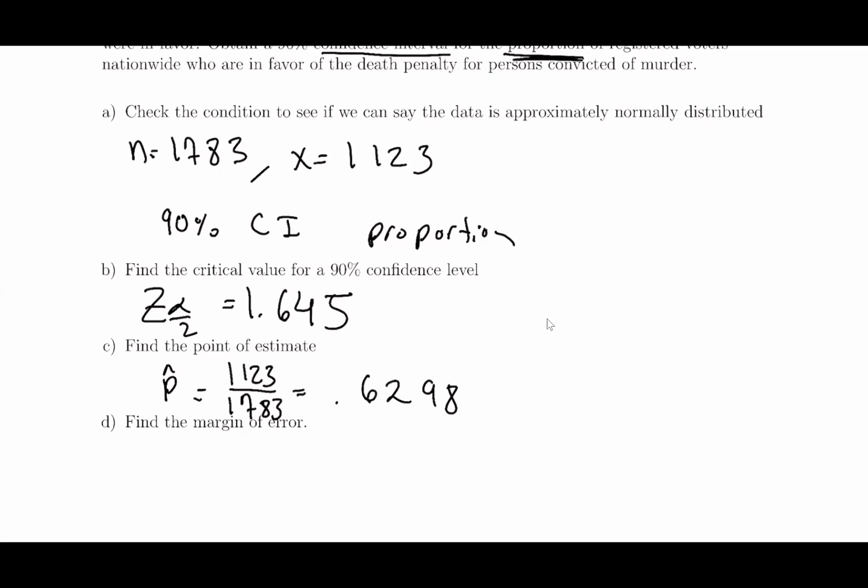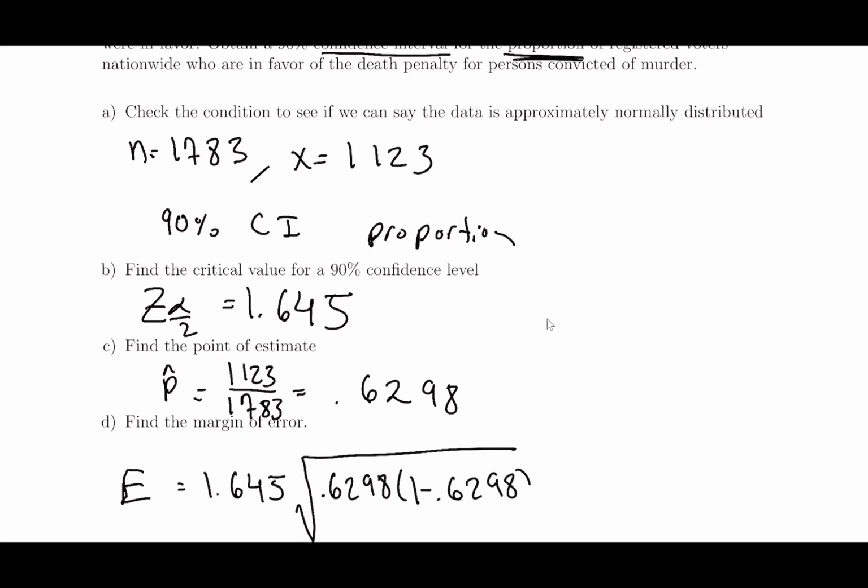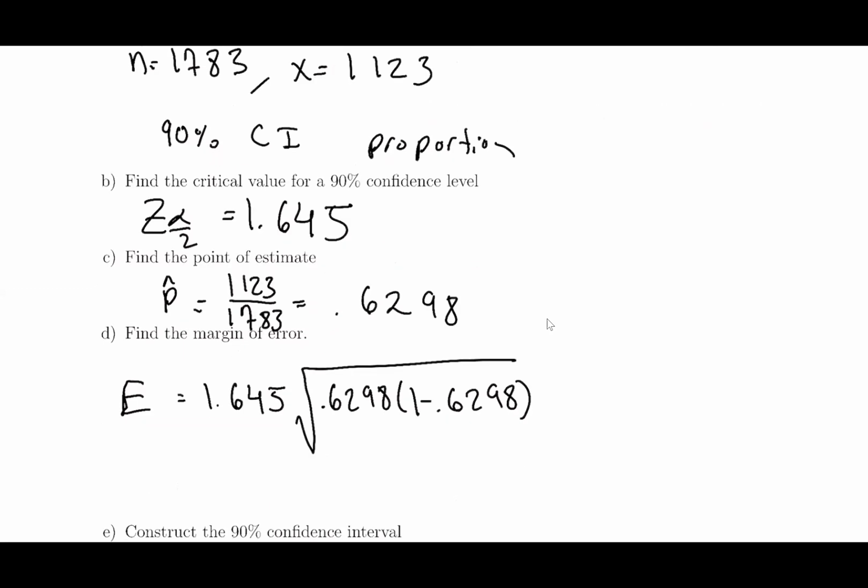All right, next we're going to do margin of error. For margin of error, we're going to get the Z value, which is 1.645, and multiply that by P hat, which is 0.6298, and multiply that by 1 minus 0.6298. You divide all of this by the sample size, your N value, which is 1,783.